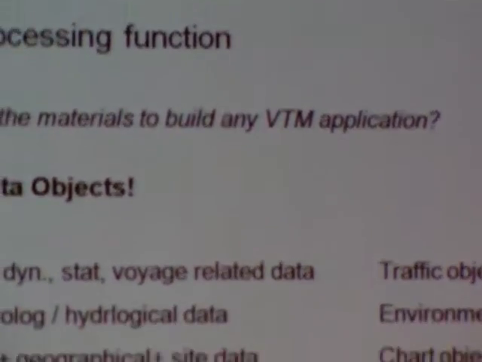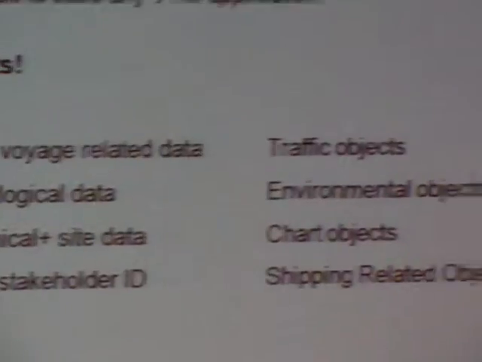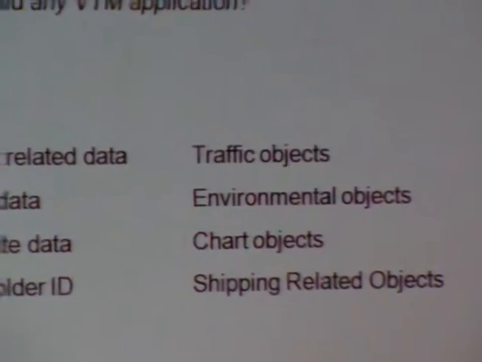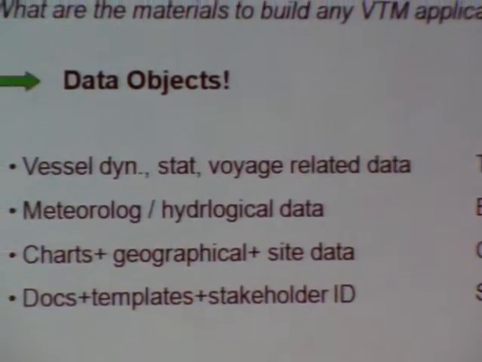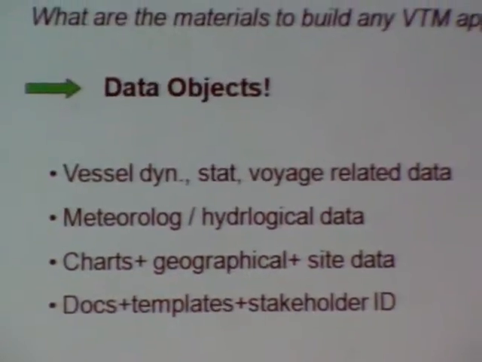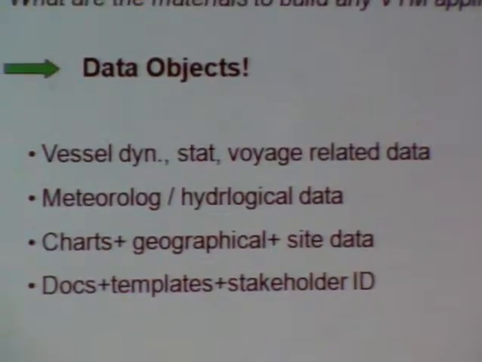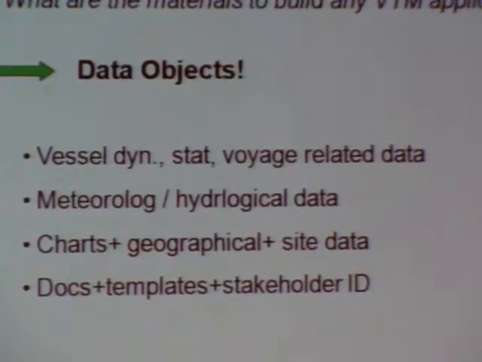This is the wood our applications are built of. And what are these data objects? Data objects are traffic objects describing the vessels, not only the vessels, all moving targets or floating targets somewhere out there, like search and rescue aircraft.